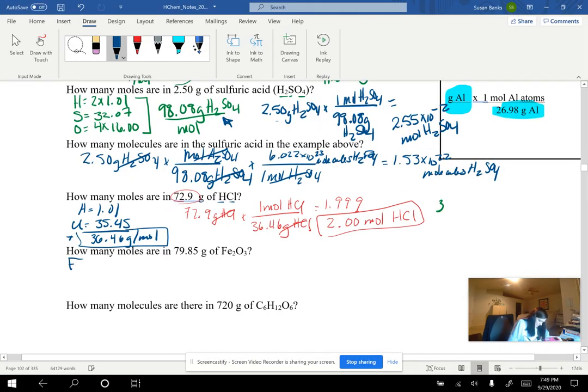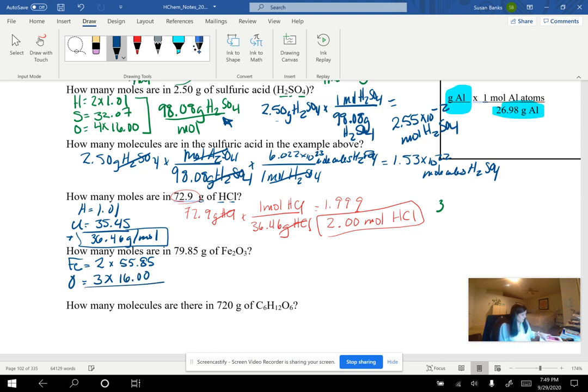So iron, I've got 2 of them, and it's 55.85. And oxygen, I have 3 of them, and it's 16.0. So we're going to add that up all together.